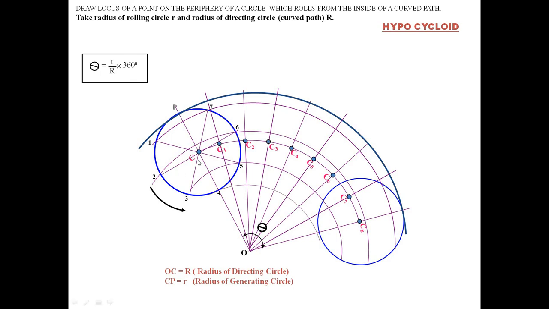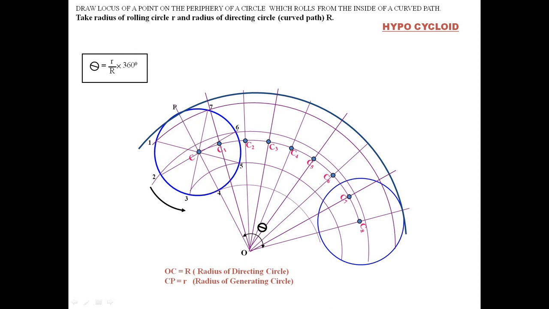Now mark the position of the point P when the circle rolls from center C to C1. When the circle rolls from C to C1, the point P remains at the same distance from C1 as it is from C. But since the center has changed from C to C1, the position of the point will move downward.